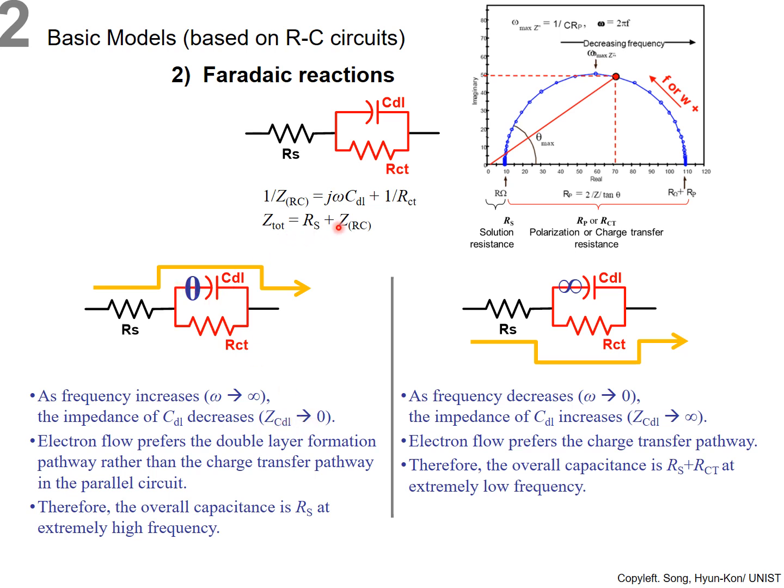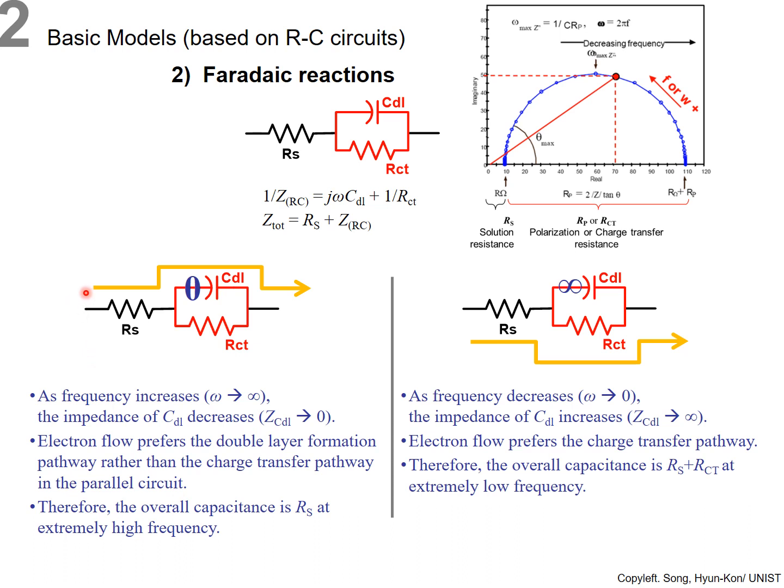Look at that. Impedance of capacitance is 1 over j omega CDL, and as omega is going up, the impedance of the capacitor is going down. So finally, this line looks like a conductor, like just copper wire. So electron flow prefers the double layer formation pathway this way rather than the charge transfer pathway, not this way, in the parallel circuit.